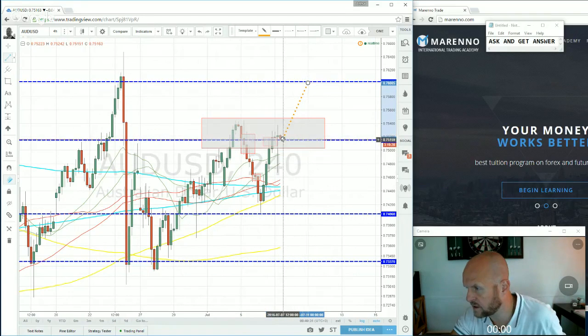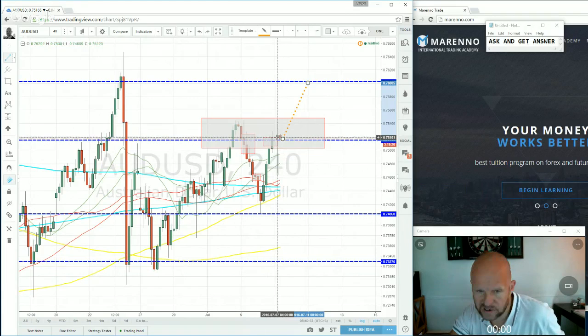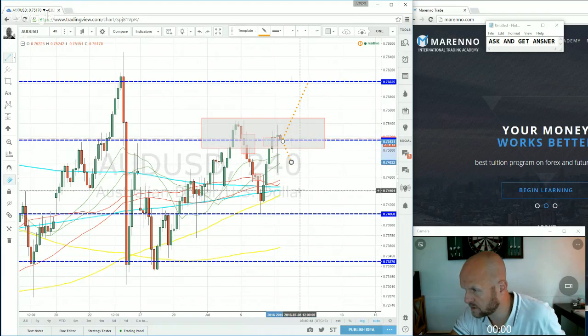We must wait how the euro will open, and if it shows us some possible reversal towards down, then it is possible to sell it with the limit order.